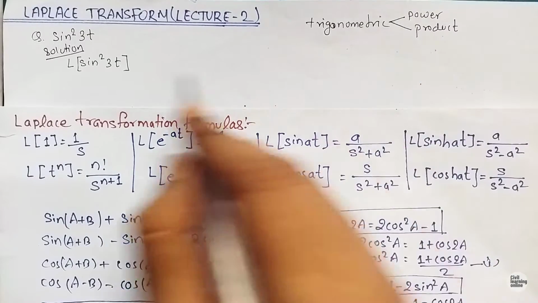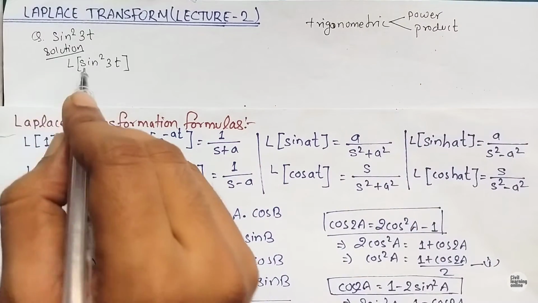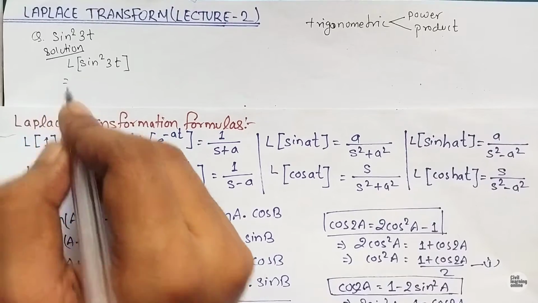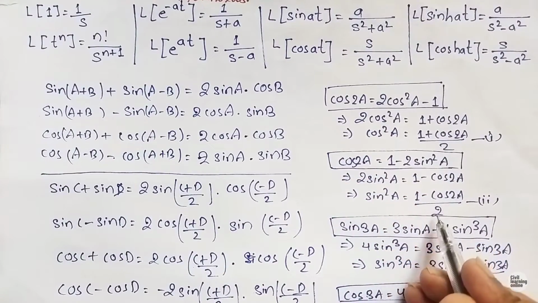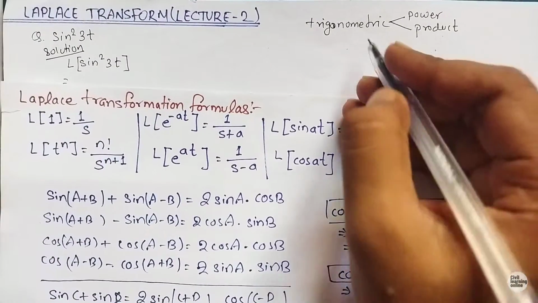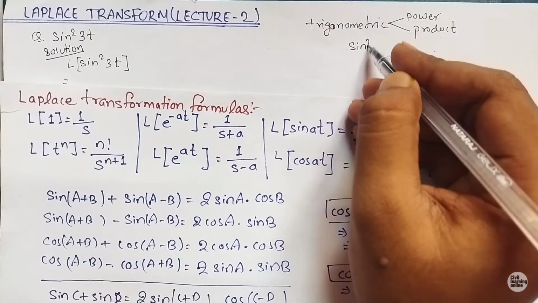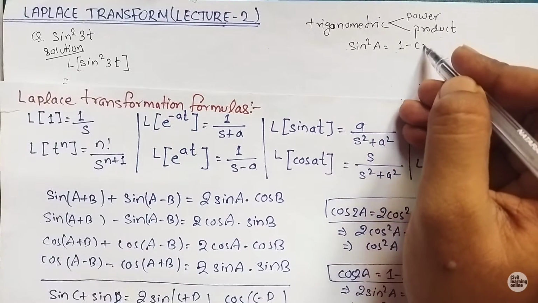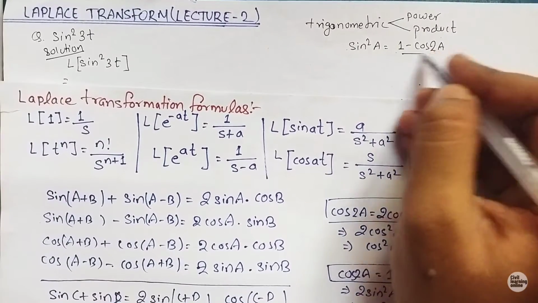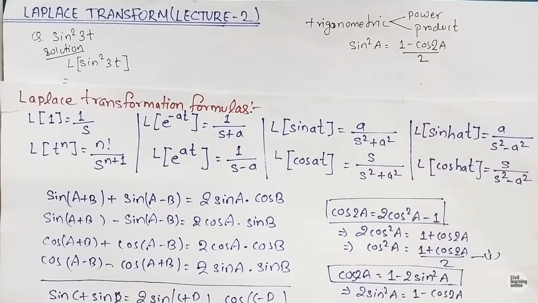So we will use the formula to remove the power. We have the formula sine square a equals (1 minus cos 2a) upon 2. This is the formula.